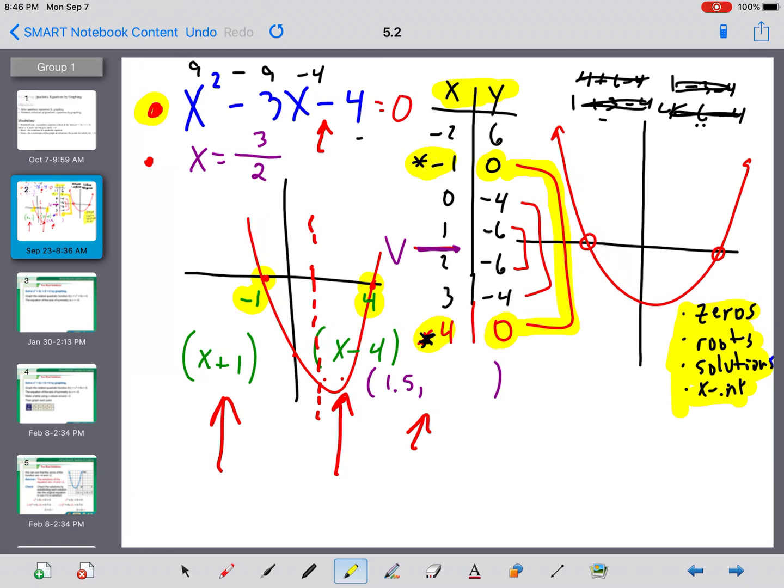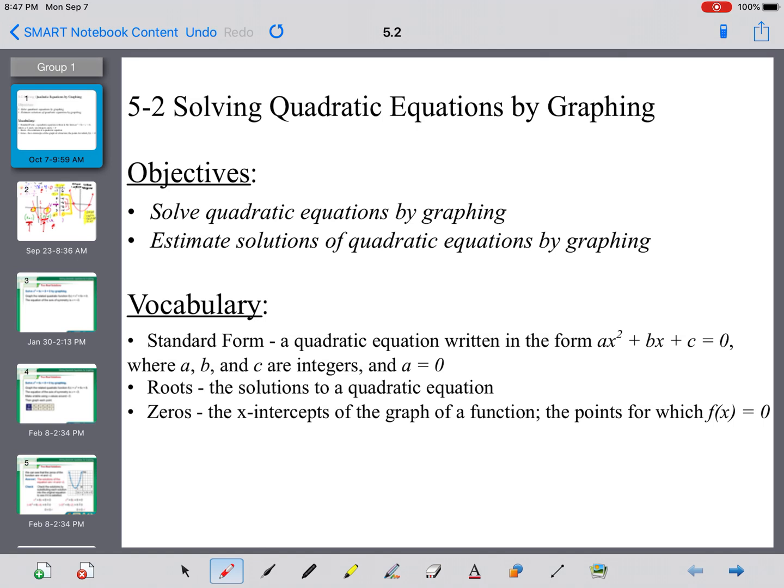One last thing I'll say on this slide is when you look right here at these two zeros, they occur at -1 and 4, which is what we saw in here, which led us to understand these two factors.